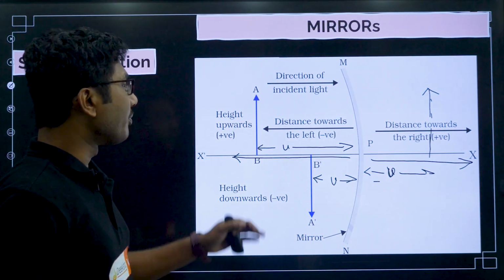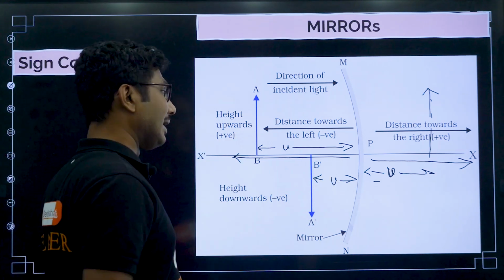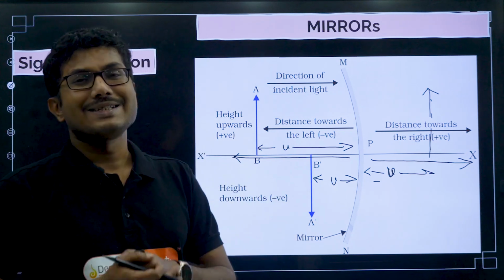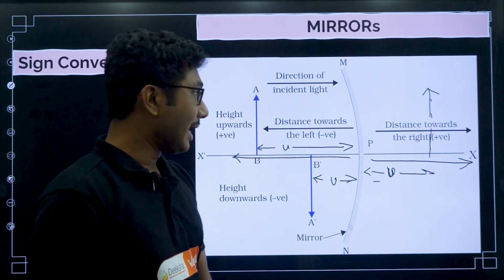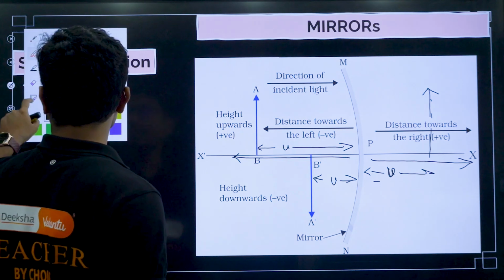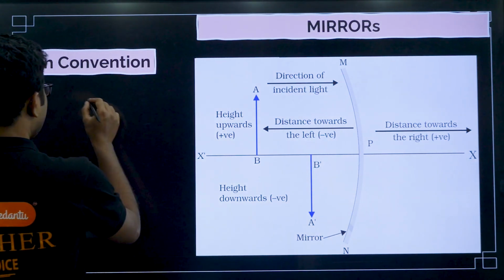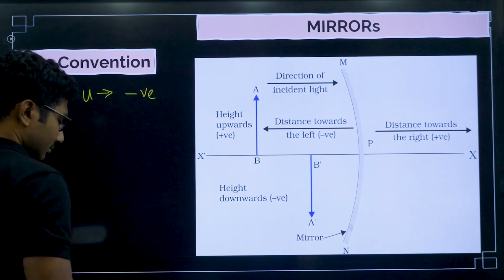Now remember that object distance is always negative, no matter whether you are using lens or mirrors, whatever you use, object distance is always negative. Okay. So U is always negative.